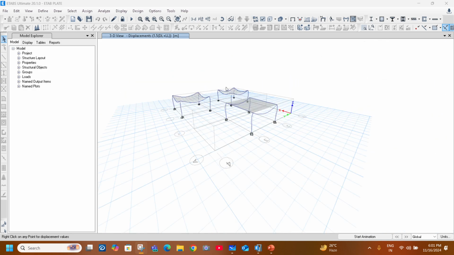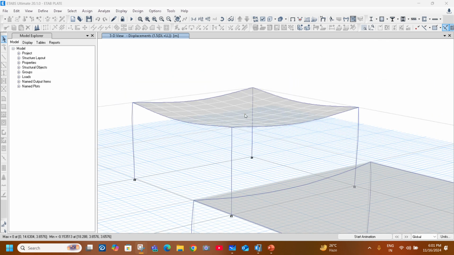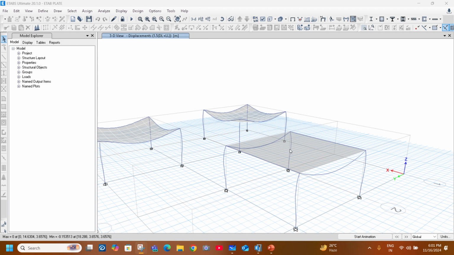So the maximum is 0.150 for thick slab, and for thin slab 0.153.